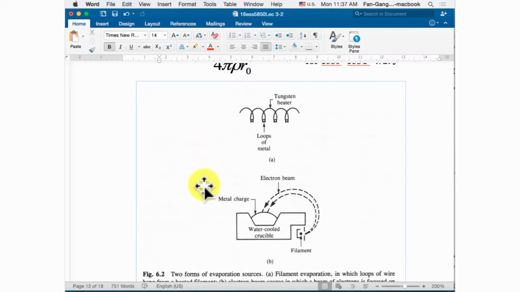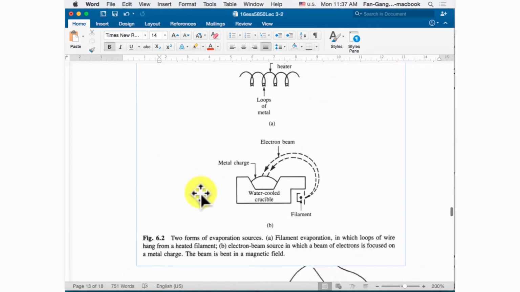So that's why we consider the other way, using E-beam evaporation. For E-beam evaporation, we generate an electron beam, using magnetic fields to bend the beam to hit the top of our target material. The electron beam hitting the target will generate a lot of heat when it stops on the surface.